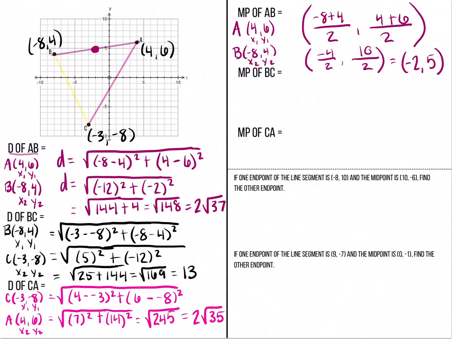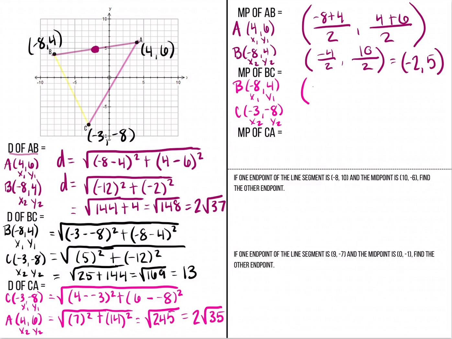Okay, so MP of BC. B is (-8, 4), and C is (-3, -8), so x1, y1, x2, y2.